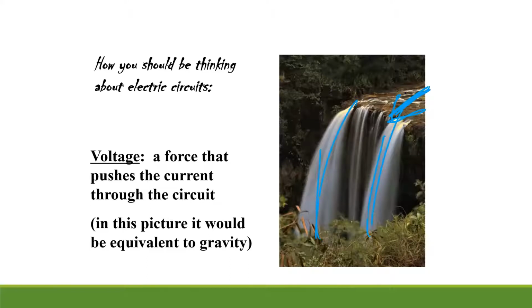And in a circuit, it's voltage that pushes the electrons around the circuit. If electrons had their way, they probably wouldn't move anywhere. But because they're so attracted to the positive side of the battery, they will move through a circuit. And that attraction, that willingness to move, that's what the voltage is.